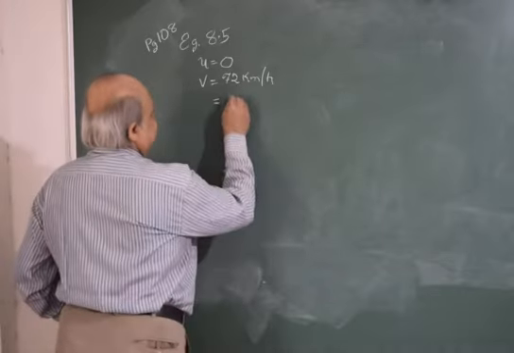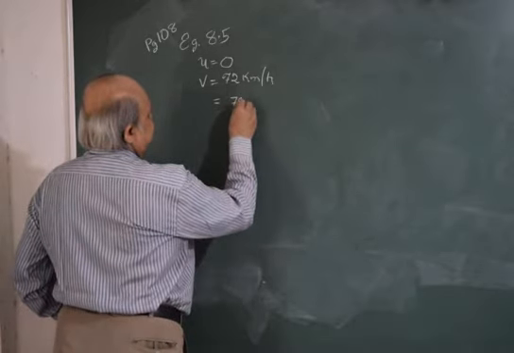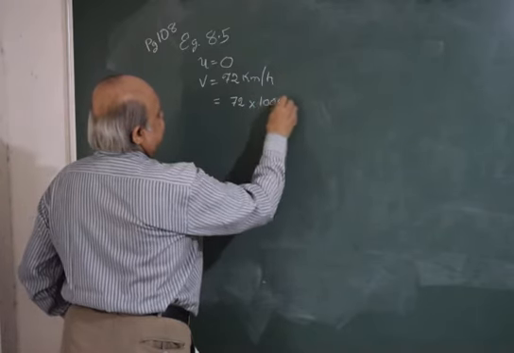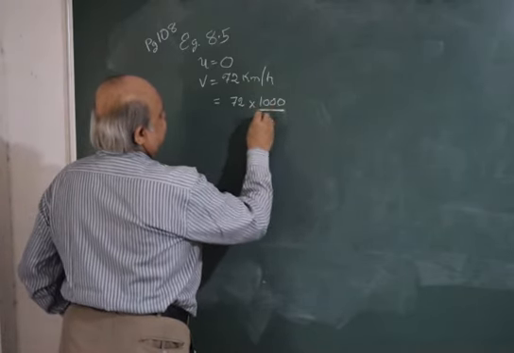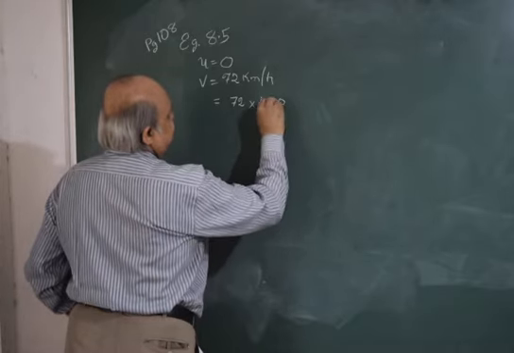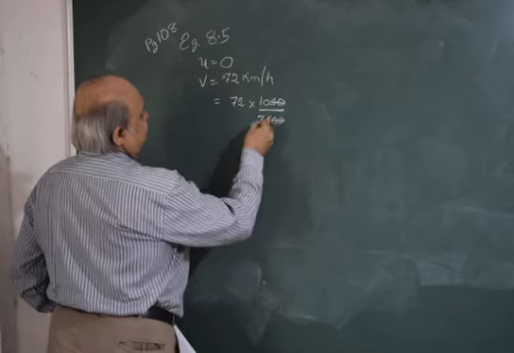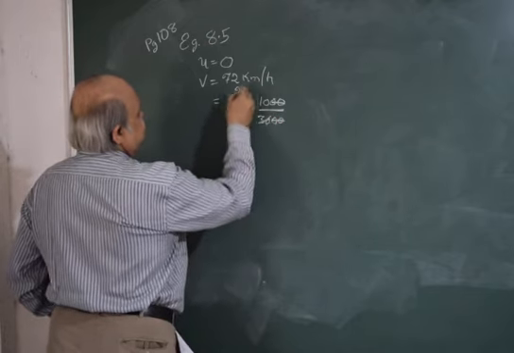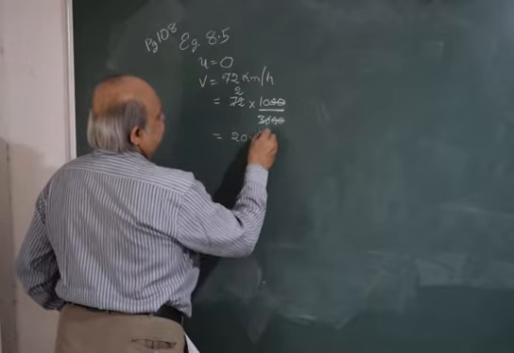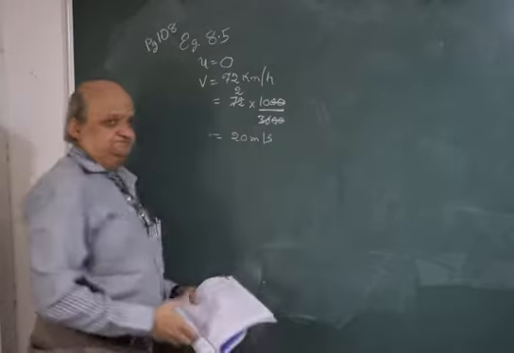For that, we multiply this with 1000 upon 3600. The two zeros cancel out, we get 36 twos are 72, so we get 20 meter per second.